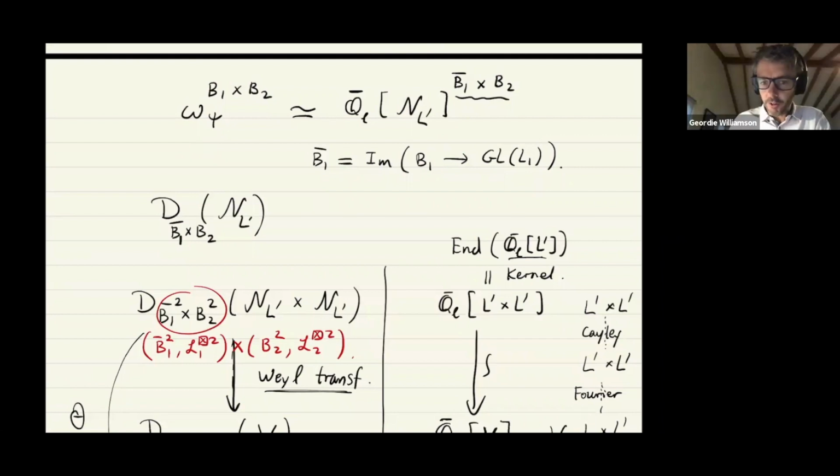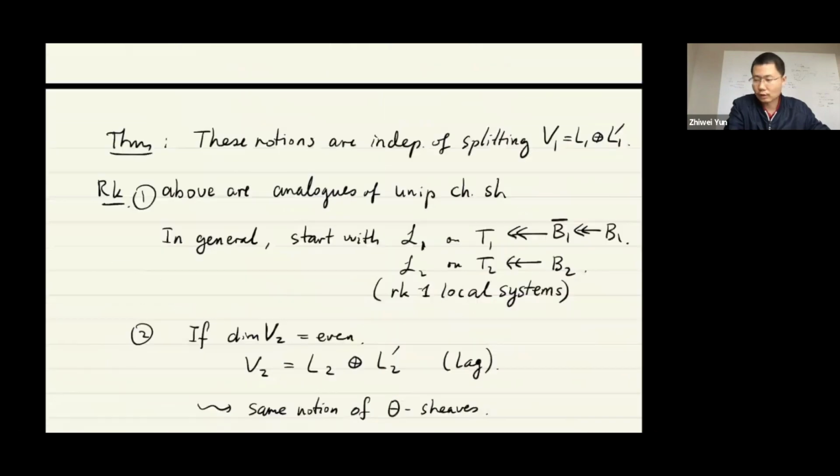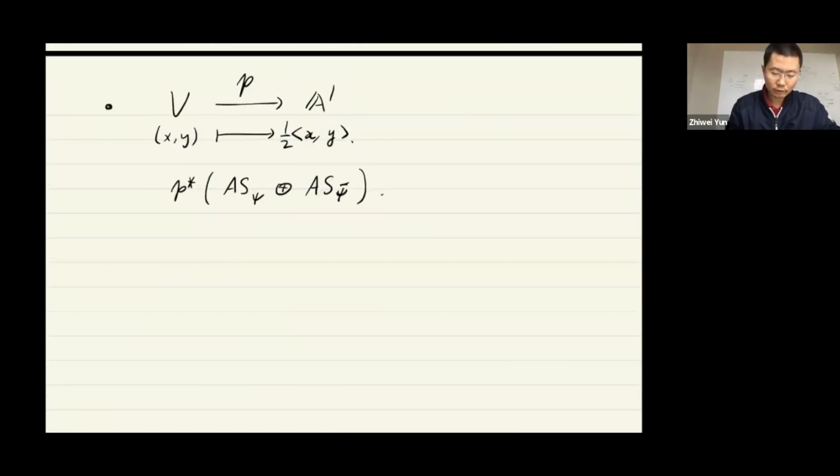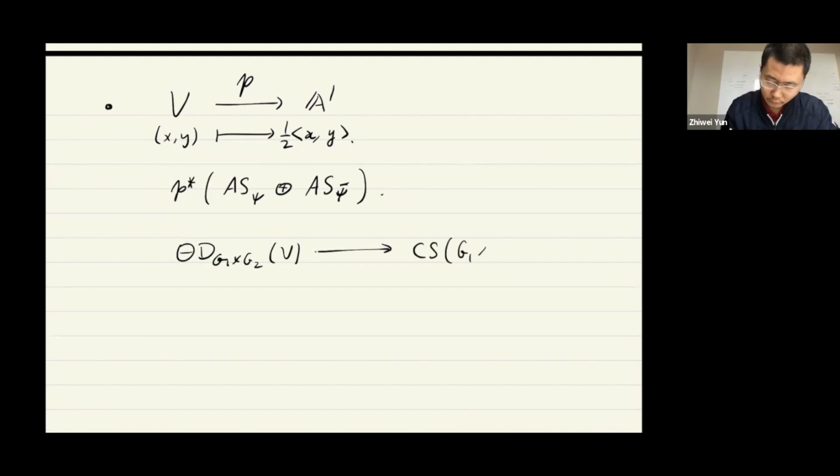Are there further questions? Zhiwei, just very naively, in terms of the theta correspondence, would it be crazy to think that you actually get functors between character sheaves for theta correspondent pairs? I was about to say that. Yes, just to mention very briefly, there is a functor from theta sheaves to character sheaves on G1 times G2.